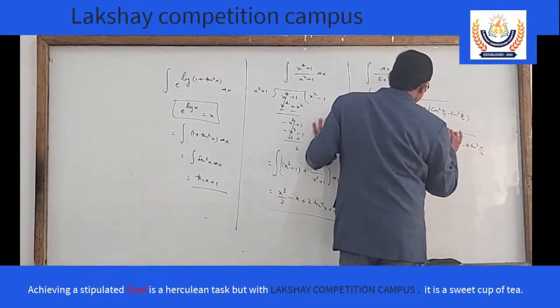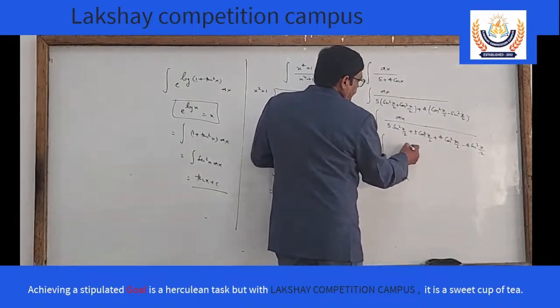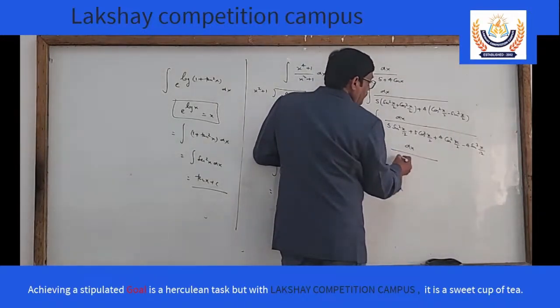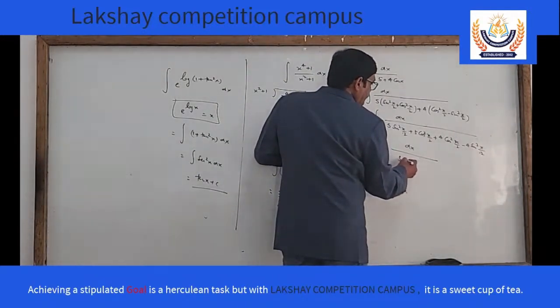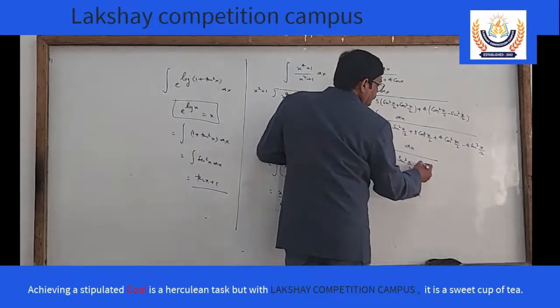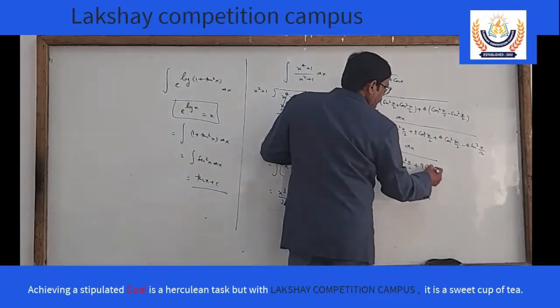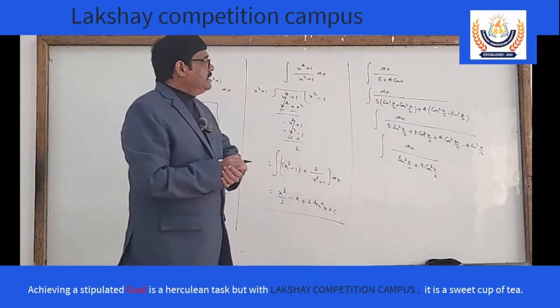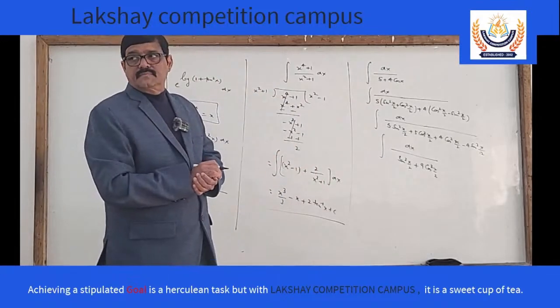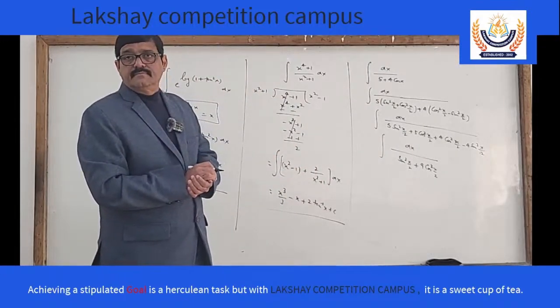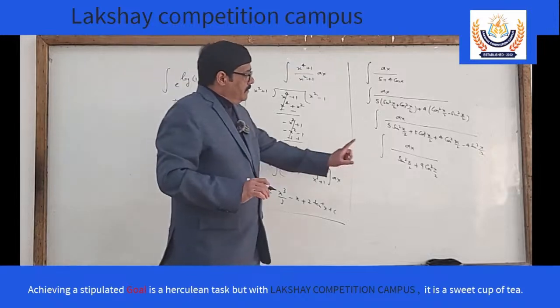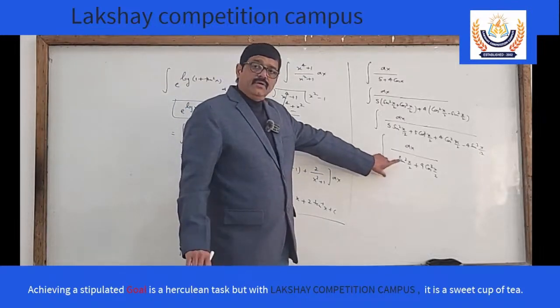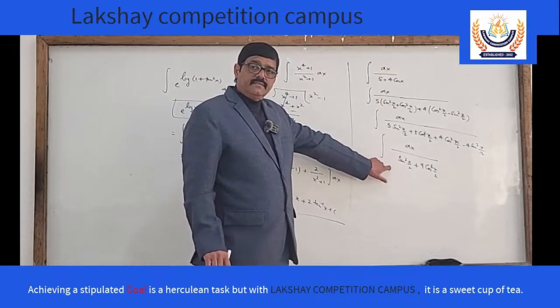Okay, this type. So here we have dx upon 9 sin square x by 2 plus cos square x by 2. Okay, what is the next step? Here you convert it into tangent and secant.